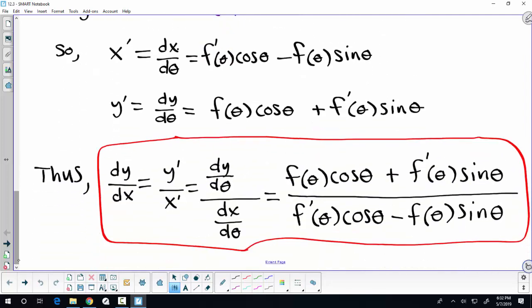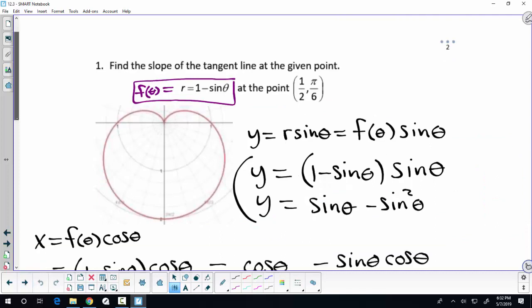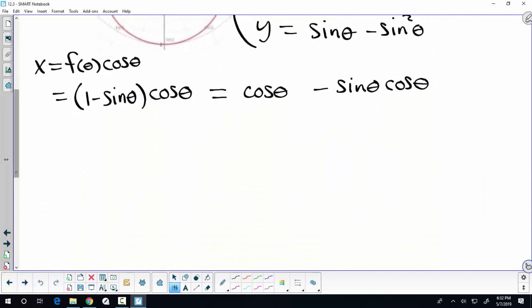Yeah, right. Otherwise, we put our r in here, multiplied by cosine, plus the derivative of r times sine. So, anyways, that's the route we're taking. Our y was sine minus sine squared, and our x was cosine minus sine cosine.